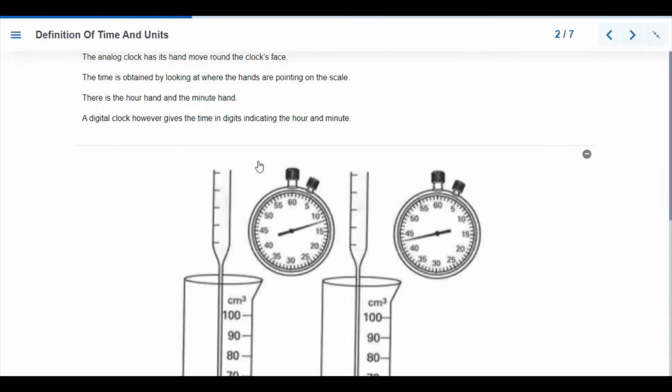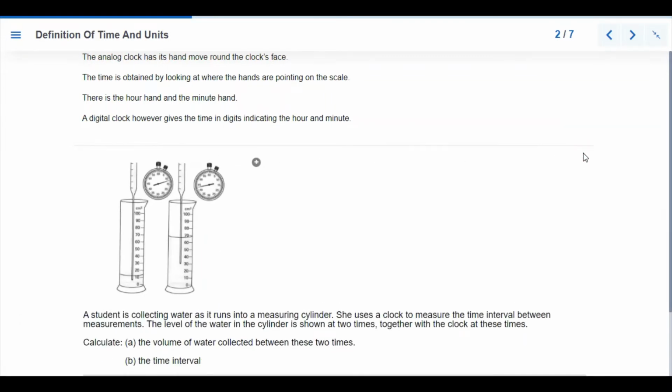Going through this exercise, the student is collecting water as it runs into a measuring cylinder. She uses a clock to measure the time interval between measurements. The level of water in the cylinder is shown at 2 times with the clock at these times. We have to calculate the volume of water collected between these 2 times and the time interval.